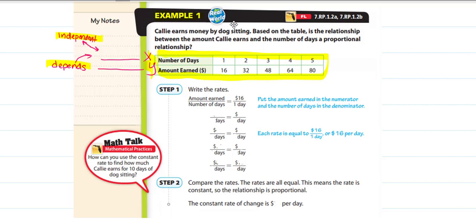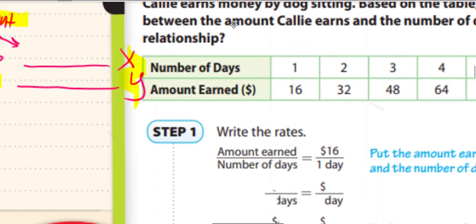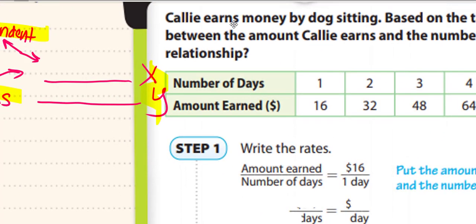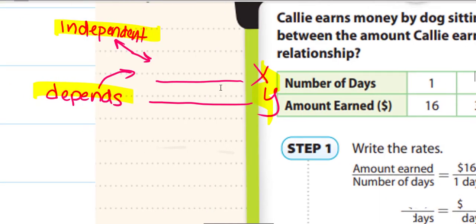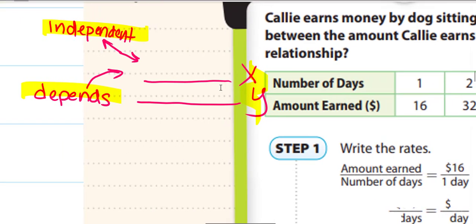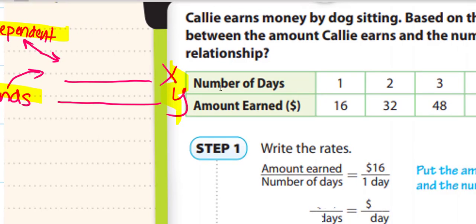This is an example of one of the problems where we have to identify whether it is a proportional relationship. When we start doing these problems, the first thing we're going to do is label x and y. Which of these words or phrases represents an independent variable and which one is dependent? We have the number of days.